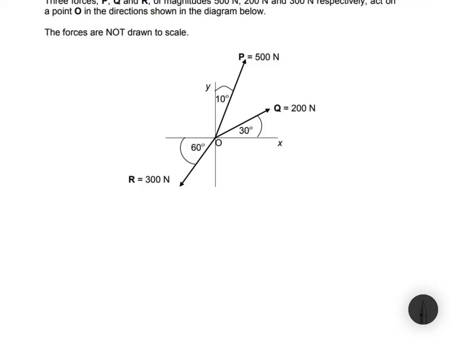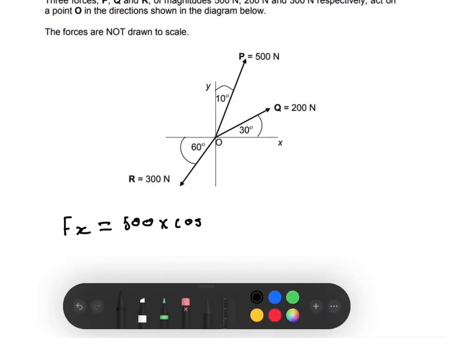If we do that, we're gonna have Fx being equal to, so let's start with point P. Point P has a force of 500 newtons, right? And then multiplied by, if it is the x component, we use cos, right? So cos of, nope, not 10 degrees, because we always count our angle from the x-axis.